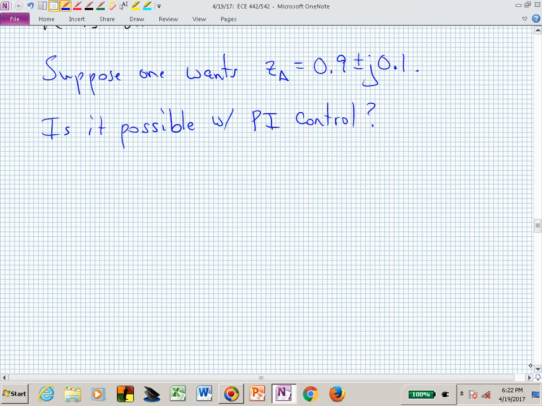That being the case, let's draw this in a little bit more magnified way. We had our open loop pole at 2.